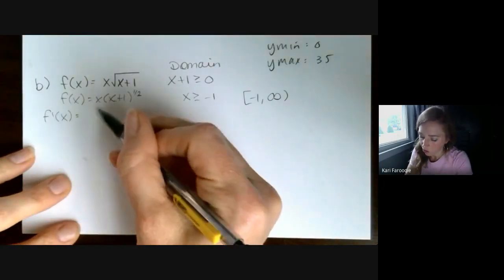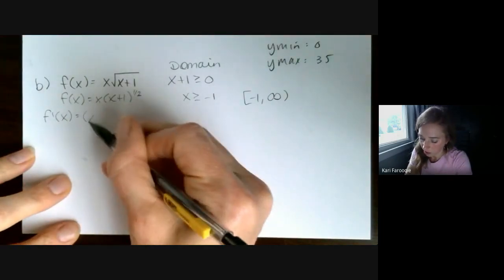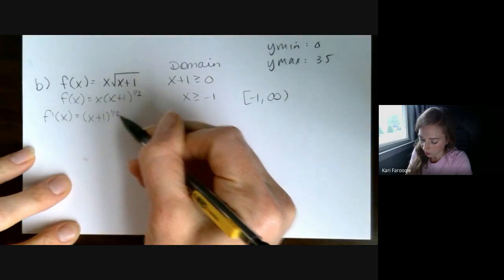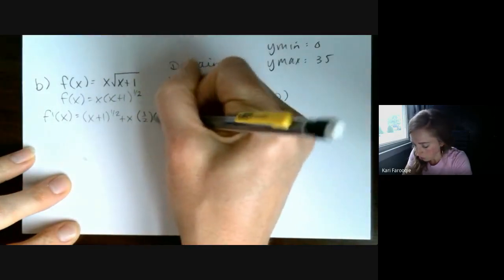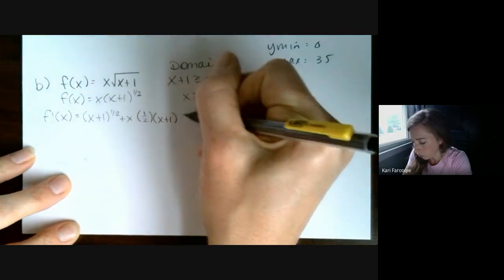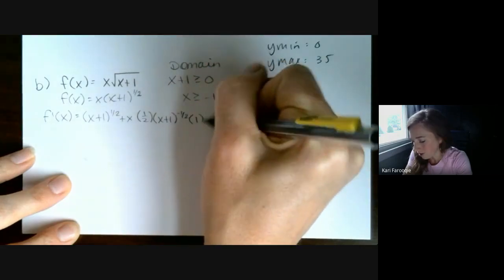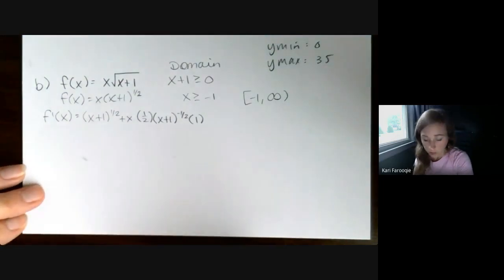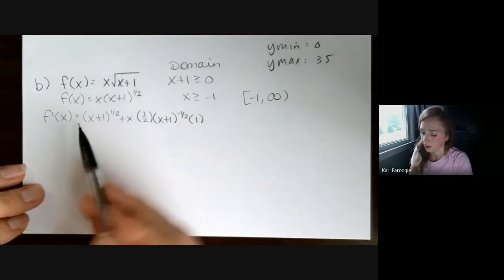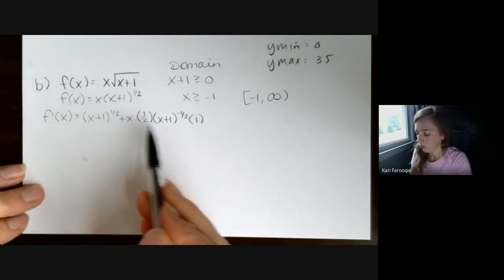So f prime g: f prime is 1, g is x plus 1 to the half, plus f, and then g prime is where we're going to use the chain rule, 1/2 times x plus 1 to the negative half. You don't have to chain on the derivative of the inside function if it's 1, because you don't have to write it, but I'm just showing you because I think it's good practice. f prime g plus f g prime.